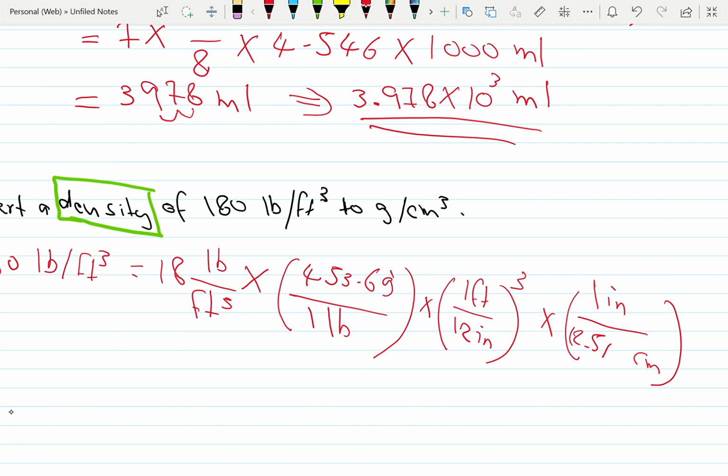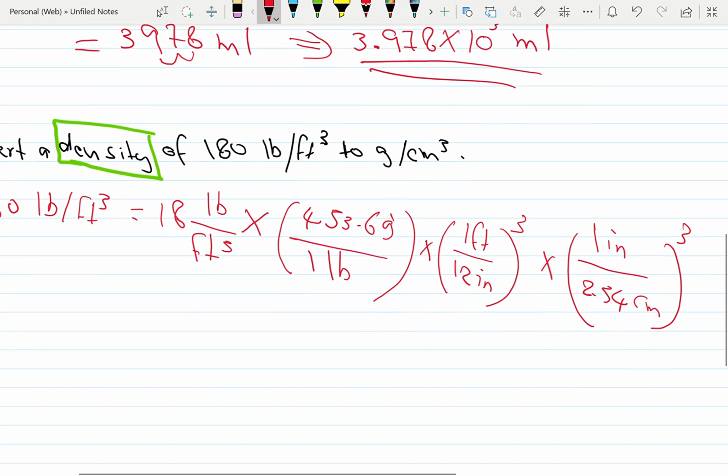Let me take this away so I don't confuse you. 2.54, all of it cubed.